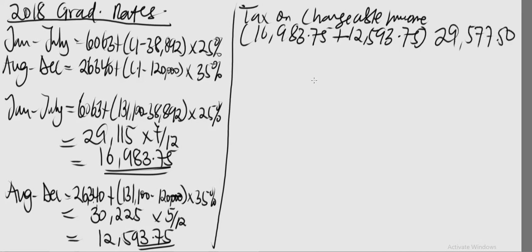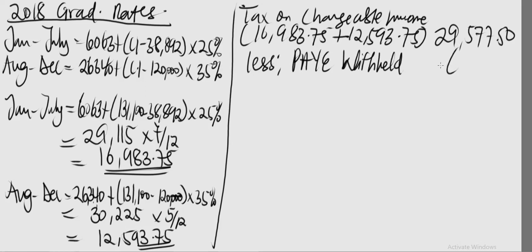29,577.5. But now we can take some credits. What credits did we have? We can't take the withholding credit here, but we can take the PAYE withheld. How much was the PAYE withheld? That was about 1,002.